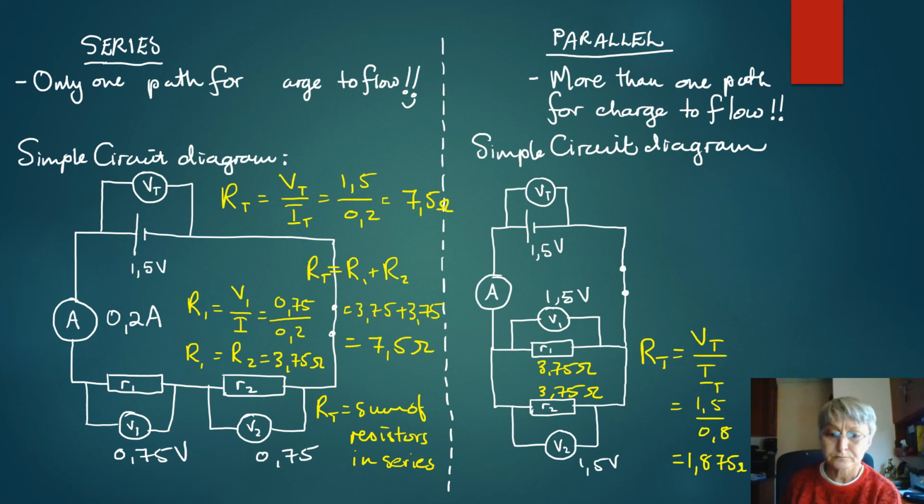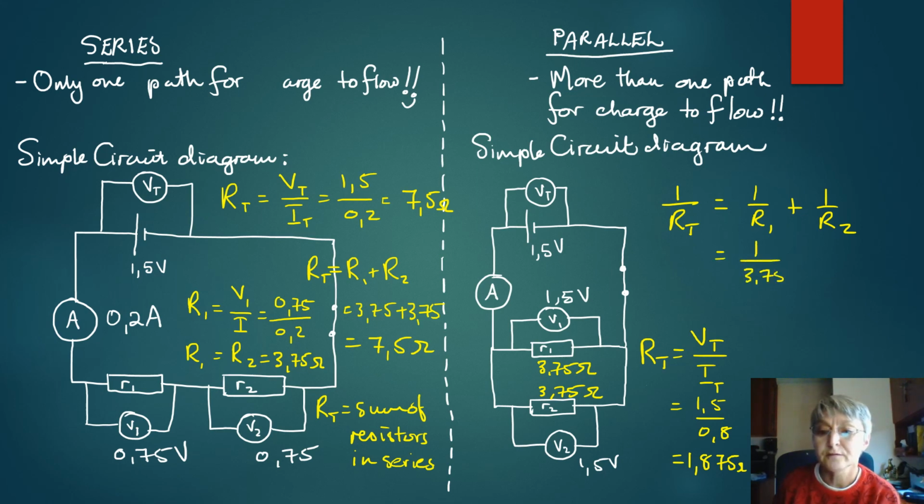So, we need to go on to mathematics where we add the inverse of the resistance to calculate the total resistance. So, the total resistance in the circuit, if you have parallel resistors, the inverse of that is the sum of the inverse of the individual resistors. So let's see what happens. What is 1 over 3.75 plus 1 over 3.75?